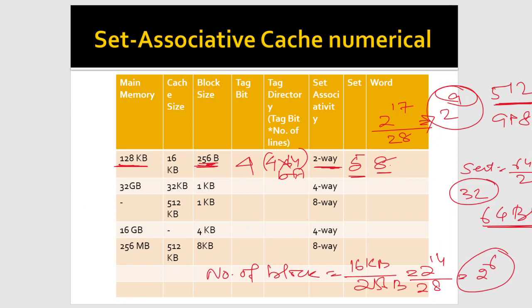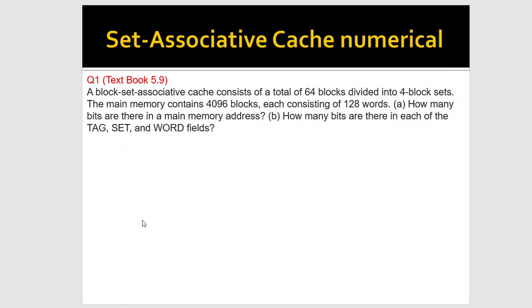Now coming to a few more numericals from set associative cache. This is taken from the textbook. A block set associative cache consists of 64 blocks.